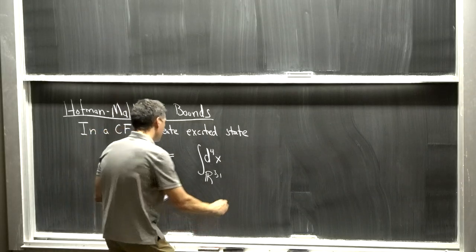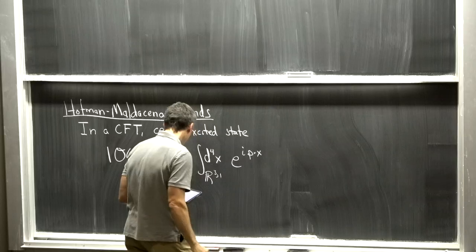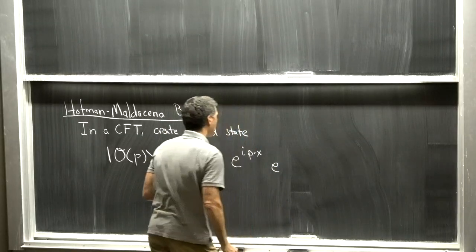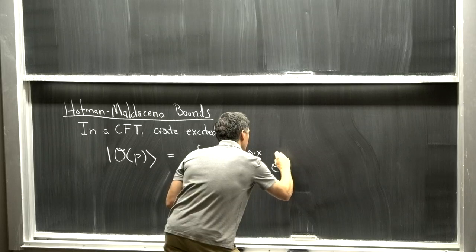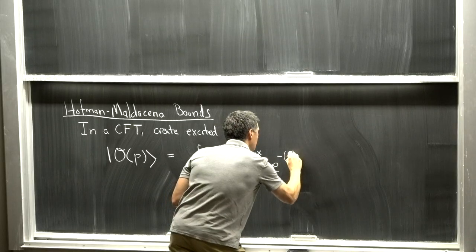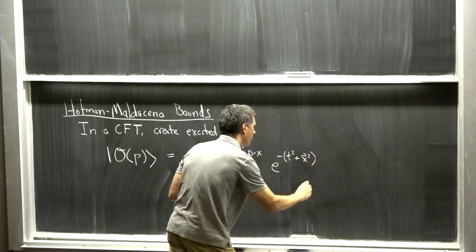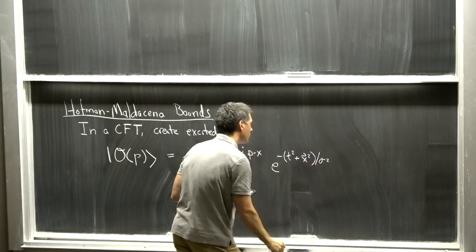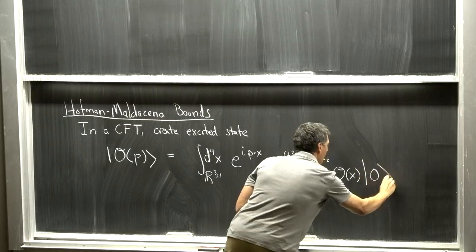So we integrate d4x, e to the i p dot x. Then I'm going to put in a Gaussian factor here, e to the minus (t squared plus x squared) over sigma squared, then O of x acting on the vacuum.